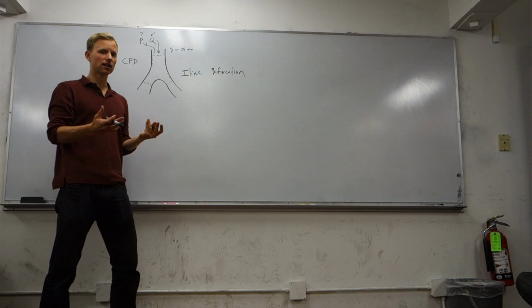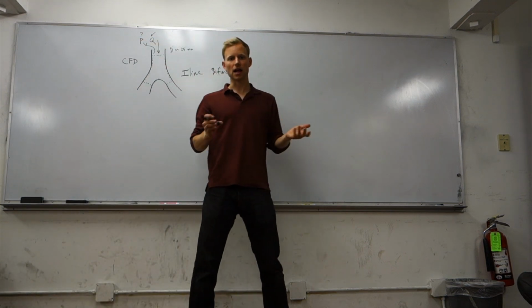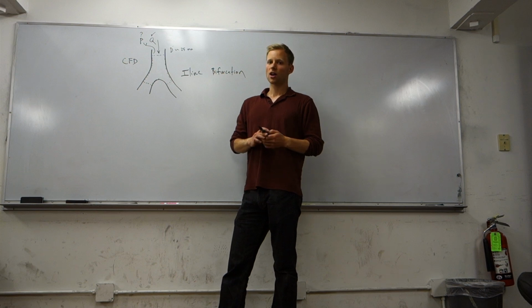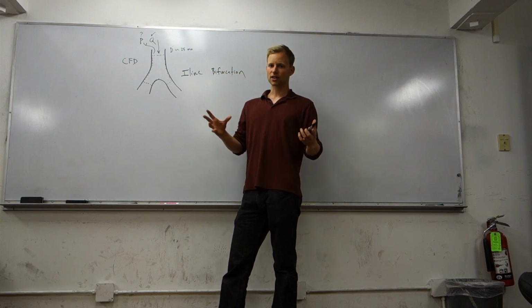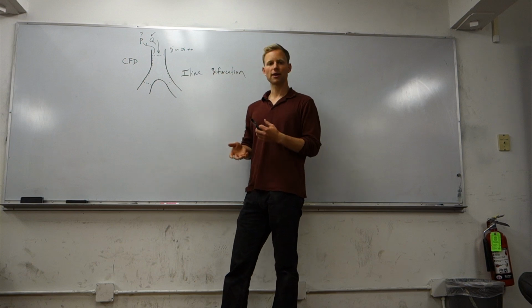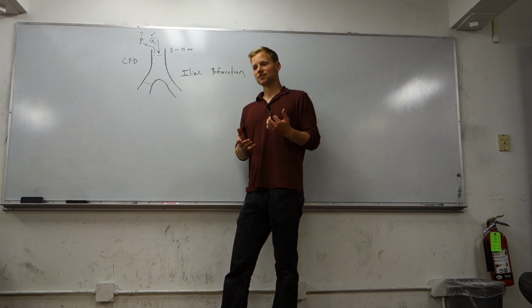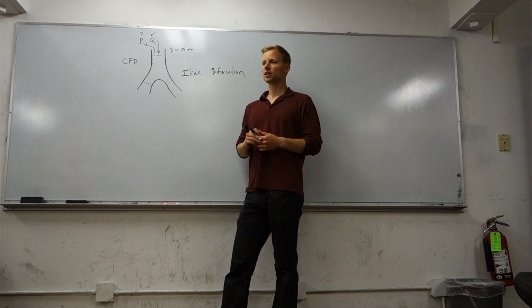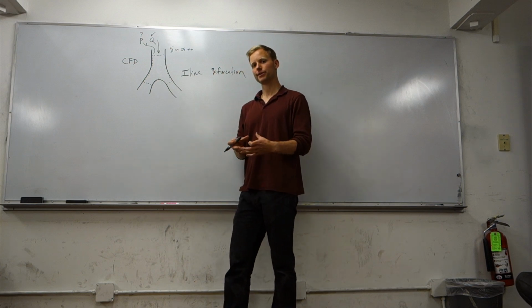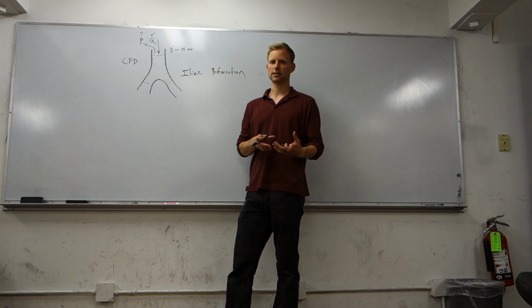So to do this, we need to look at the whole cardiovascular system as a whole. So we could draw a biological diagram of every single blood vessel in your system and then understand the flow through each one. And that's challenging for a number of reasons. So we would rather do some sort of an engineering abstraction where we can group blood vessels together into pipe elements that we can then model easily.